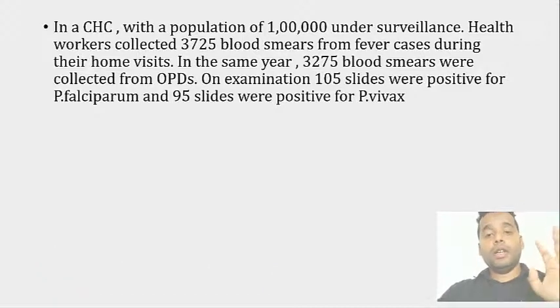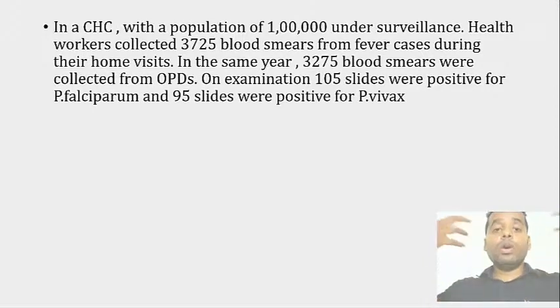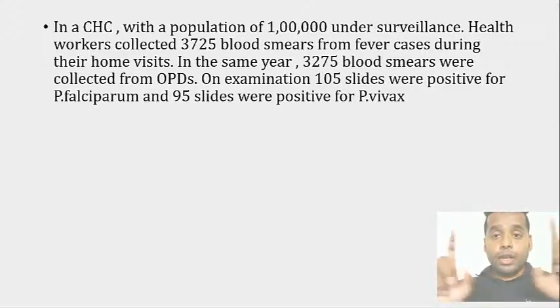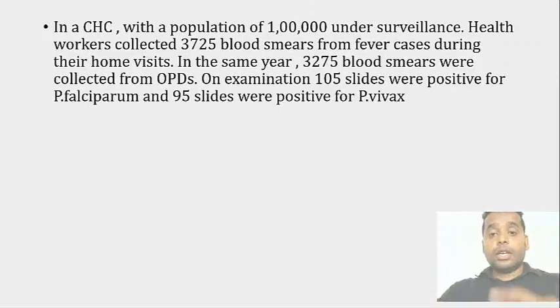In the same year, 3,275 slides were collected from OPDs, that is passive surveillance. You go into the community, that is active surveillance; patients will come to your fever clinics, that is OPDs, that is passive surveillance. Fine, slides collected. When they examined, after collecting the slides, there were 105 cases positive for falciparum and 95 positive for Vivax.